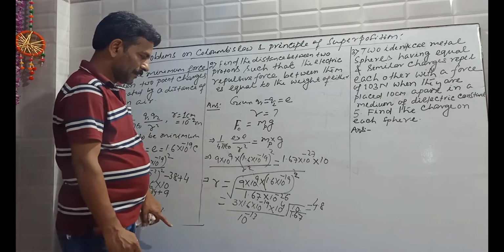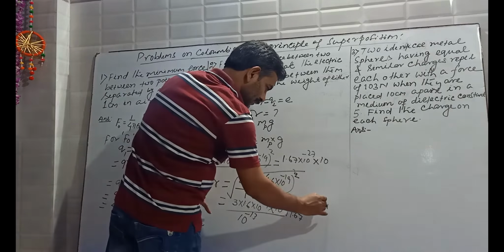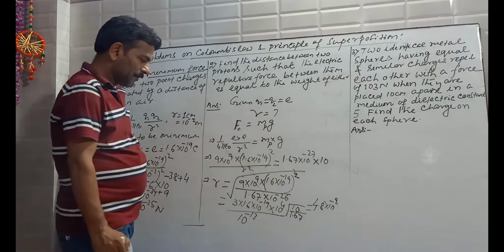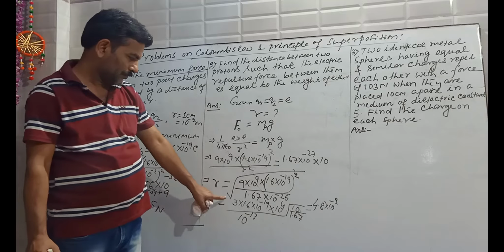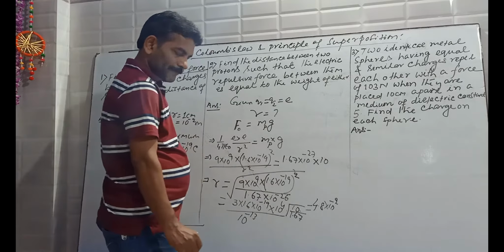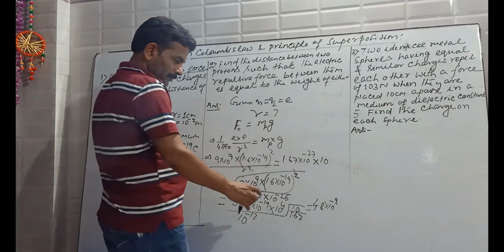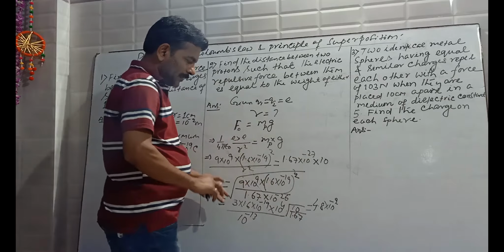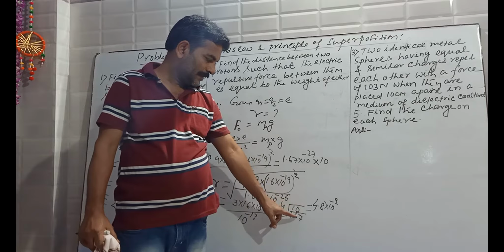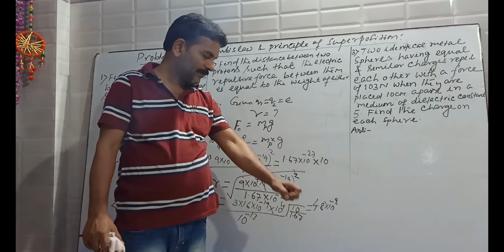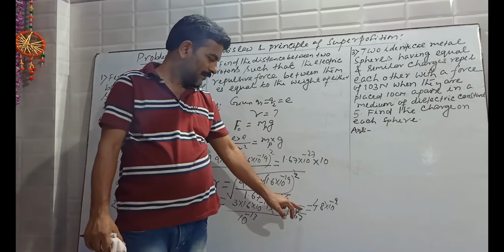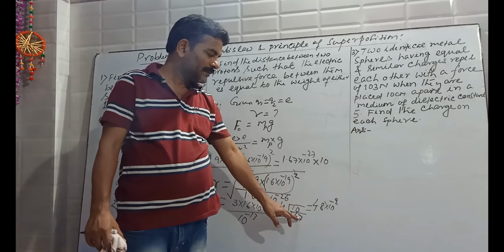Okay? 10 to the power minus 2. Total. Then what is that? 10 by 1.67. You see, it can be written as how much? 100 by 16.7.